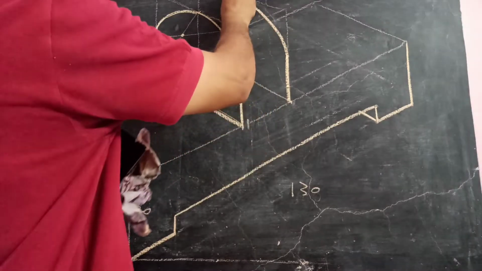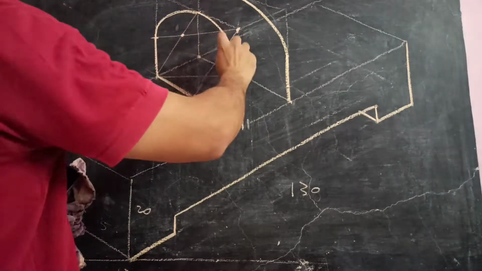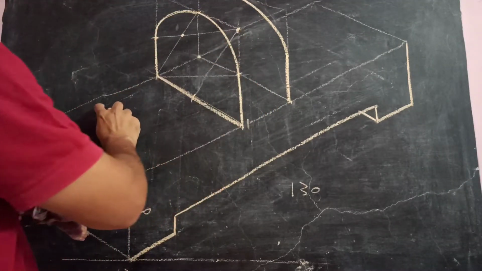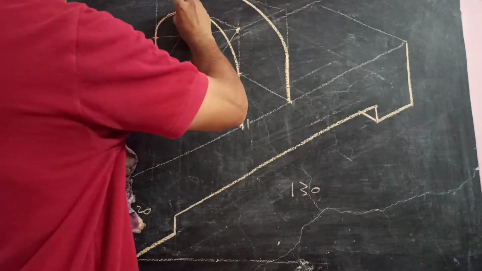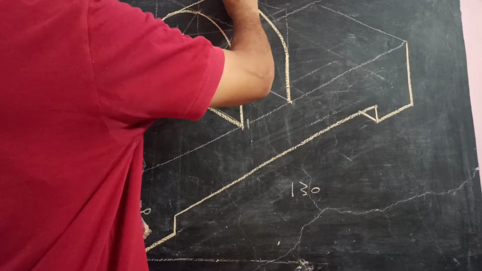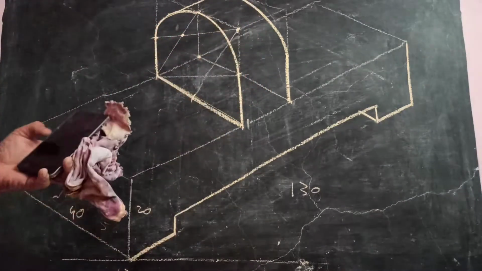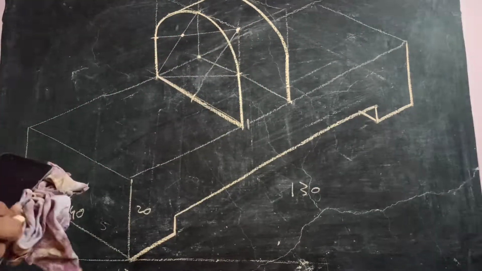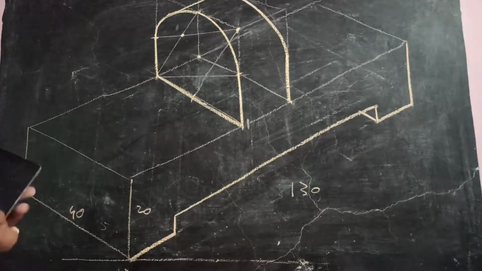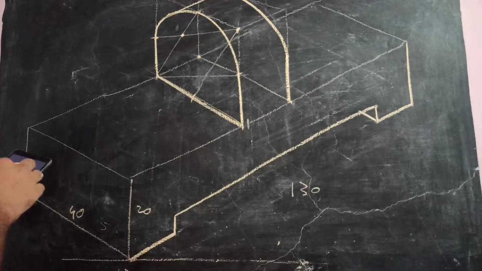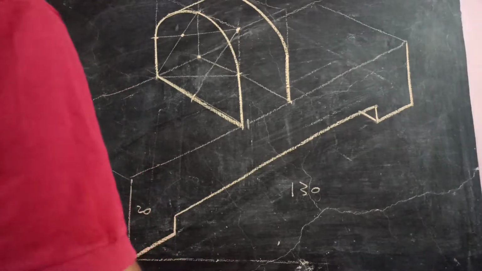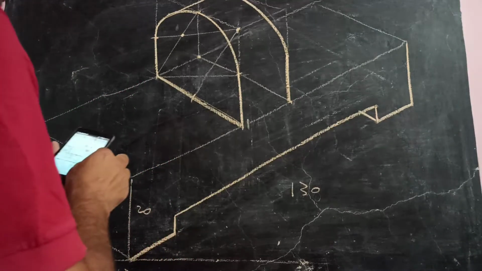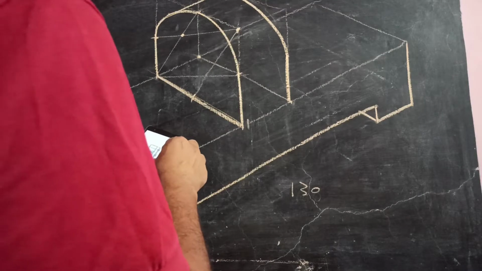And at this point you can draw a line tangential to this curve, parallel to this. So this is ready. So this is the curve.